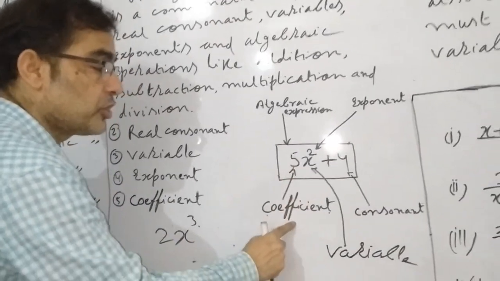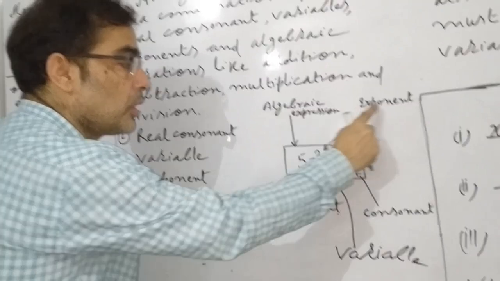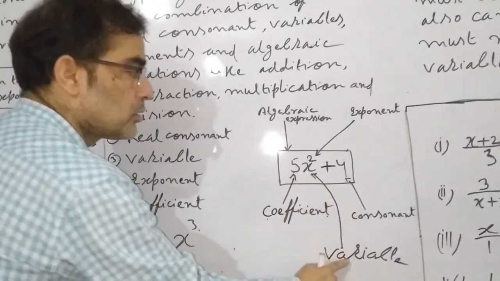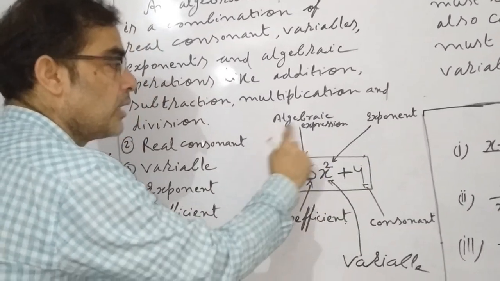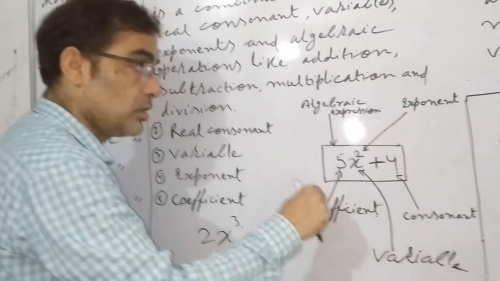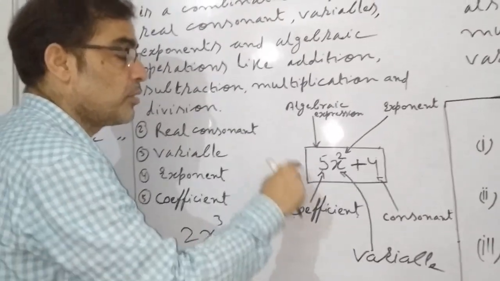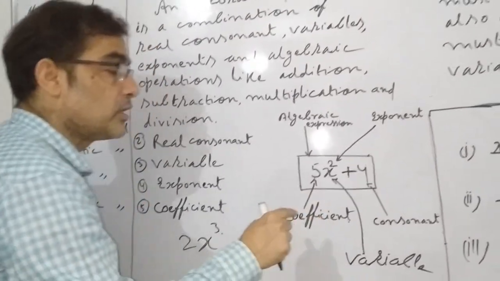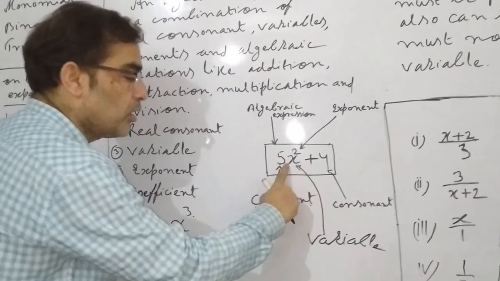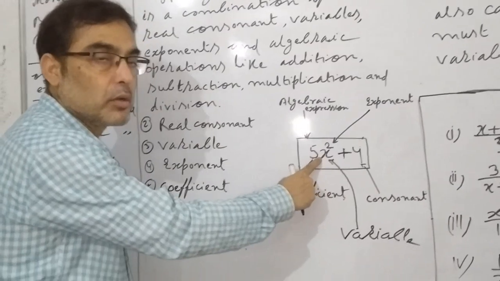Here 5 is coefficient, 2 is exponent, 4 is constant, x is variable, and the whole is an algebraic expression. And in this example of an algebraic expression, there are two algebraic operations also. First addition and second multiplication.